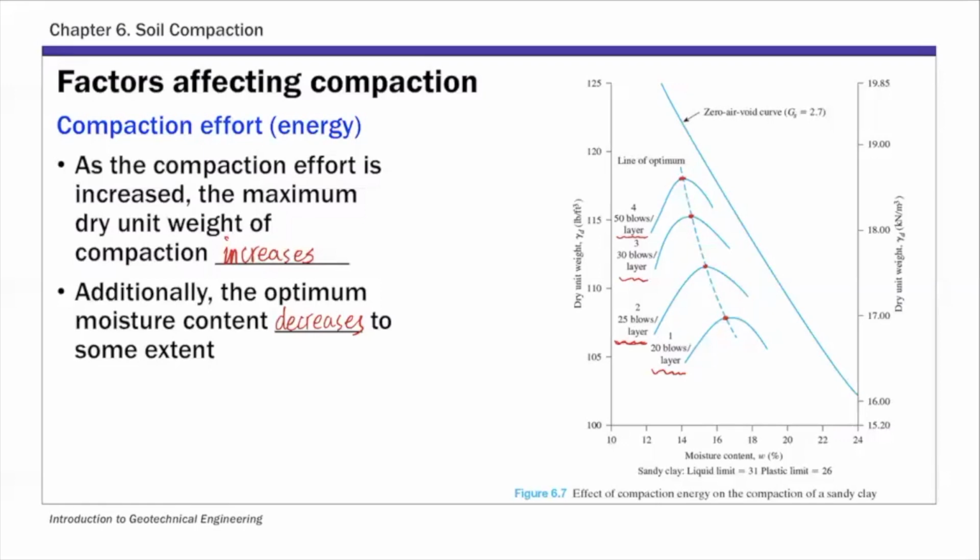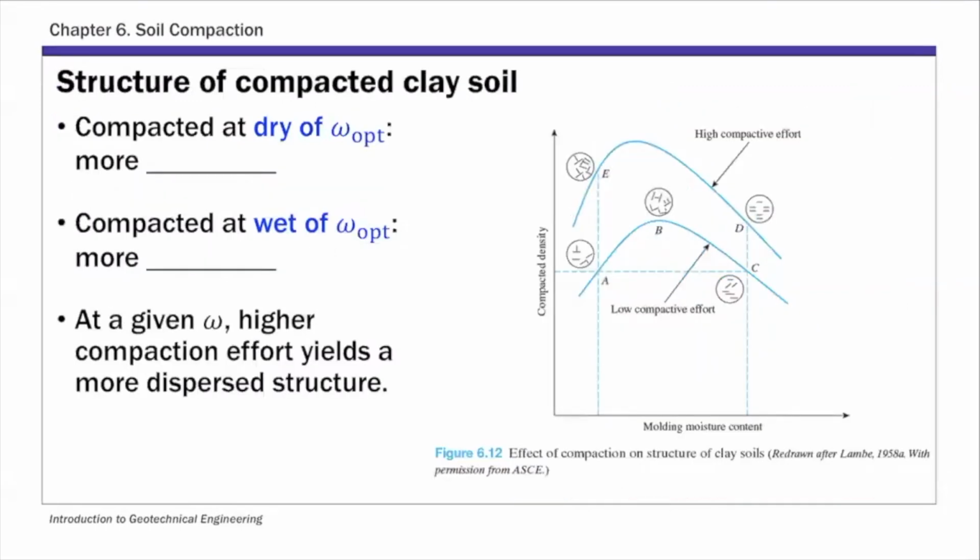And finally, I want to briefly mention the effect of compaction on soil structure. This is something we discussed in chapter 4, soil structure and plasticity. And this compaction will impact the structure of soil. And for clays, if you're compacting dry of optimum moisture content, so let me add it.